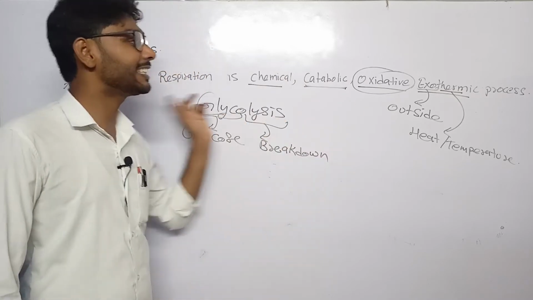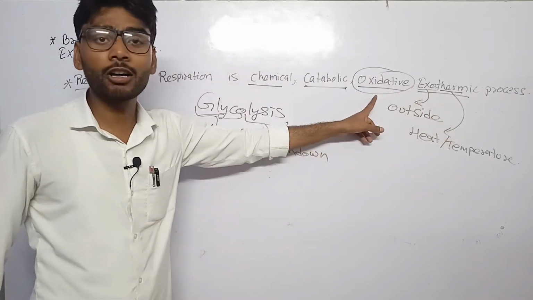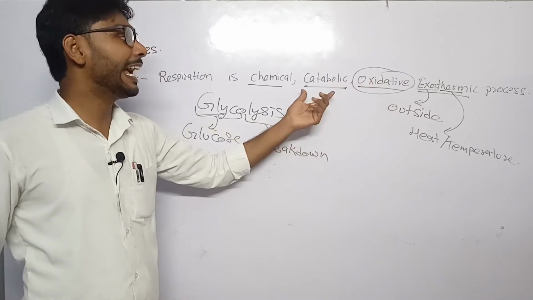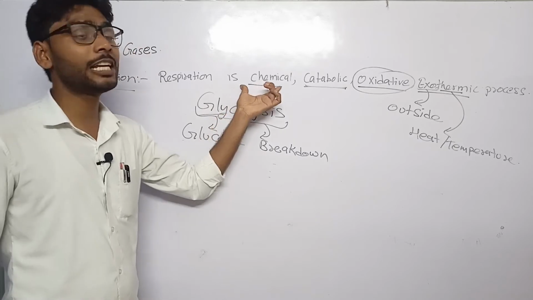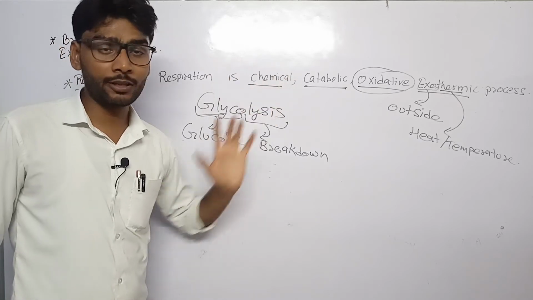Okay, so respiration is an exothermic, oxidative process, that means oxygen is added, and a catabolic process, that means breakdown of larger molecules into simple ones, and chemical, meaning many chemicals are involved.